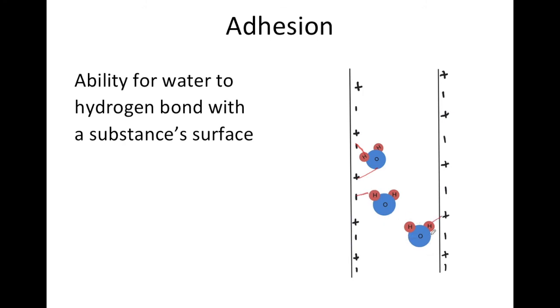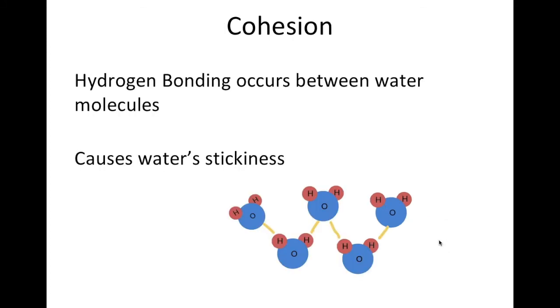So typically, this is why, in many cases, when you're pouring water into a cylinder, there's a little bit of a curve water makes because it's adhering to the surface. So if you've ever had to measure something in a graduated cylinder, you'll realize water curves and you have to read at the bottom of the curve. So that's adhesion.